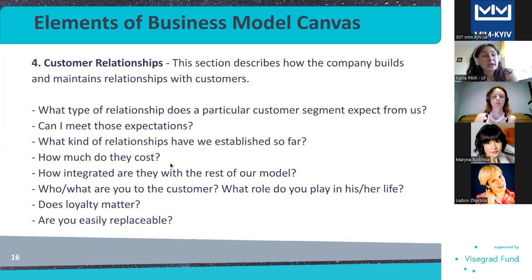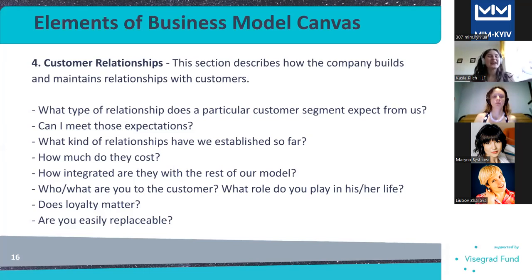How much does it cost me? It might be the cost in time, in money, in resources; you can define cost by different means, but how much does it cost me to maintain that relationship with my customers? Is it efficient, or maybe I can improve something? That's the type of question you should ask yourself. Or maybe, does loyalty matter in my relationship with the customers?